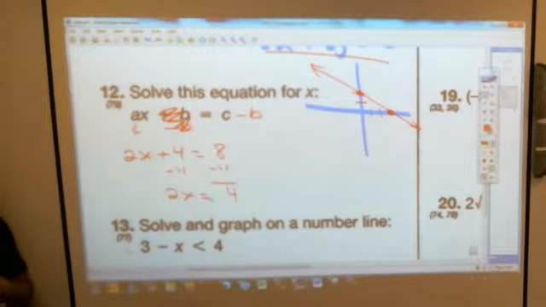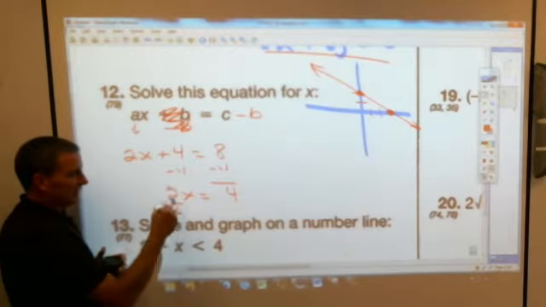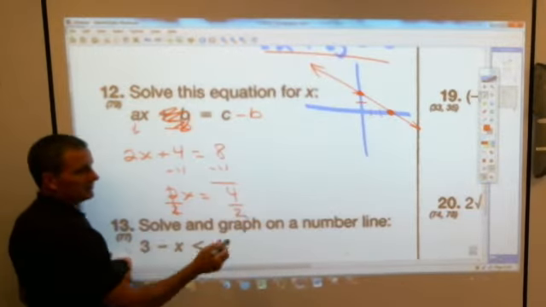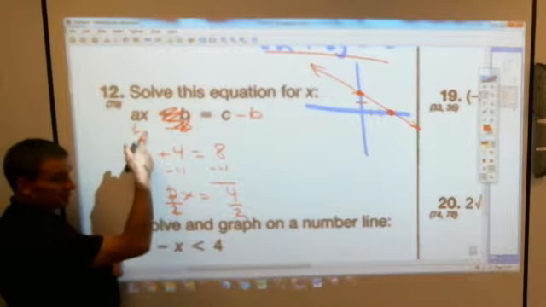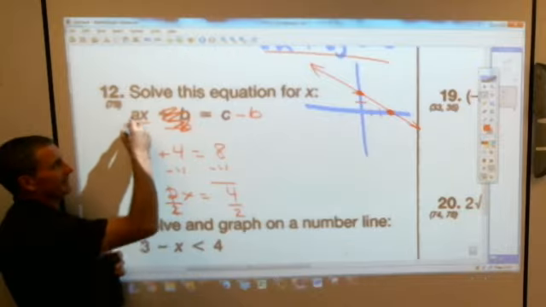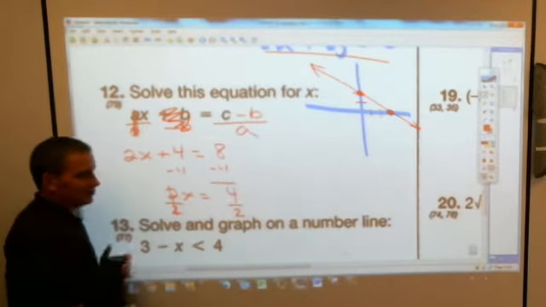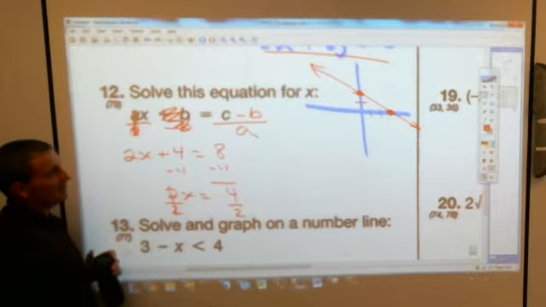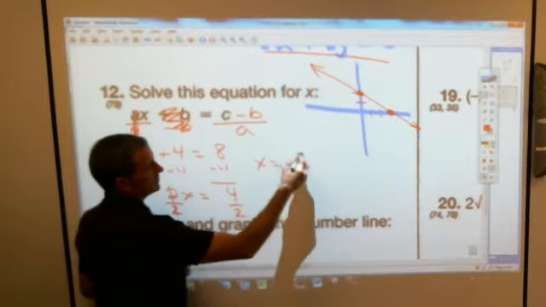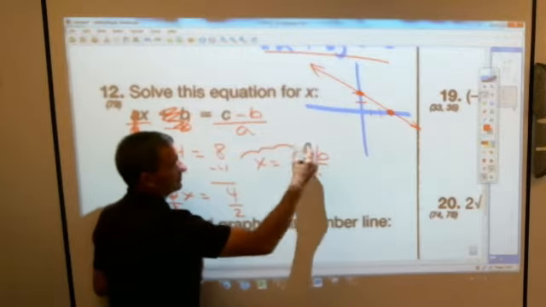Instead of 2 times x, what's the opposite of multiplying? Yes, you would divide by 2, because that gets rid of it here, and I would divide this by 2. Same thing here, except it's not a 2, it's a, so you divide by a, that gets rid of it. This, divide by a, that's all you can do, because they're not like terms, so x then would equal c minus b over a.